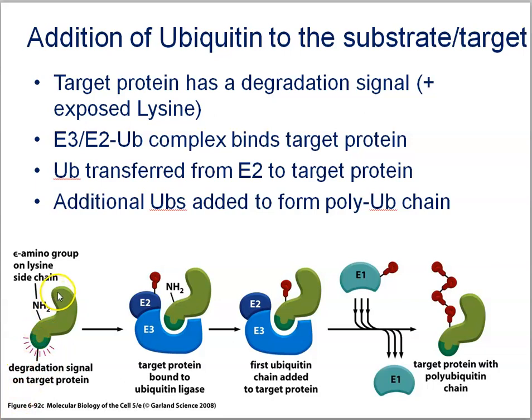So if we imagine that this is P53 that needs to be degraded, what we know about P53 is that at the degradation signal site is where MDM2 binds. If this is an E3 ligase, that can be MDM2. This can be, in this case, unphosphorylated P53.